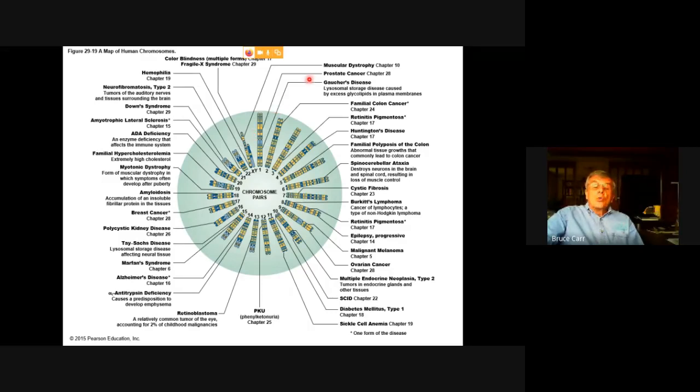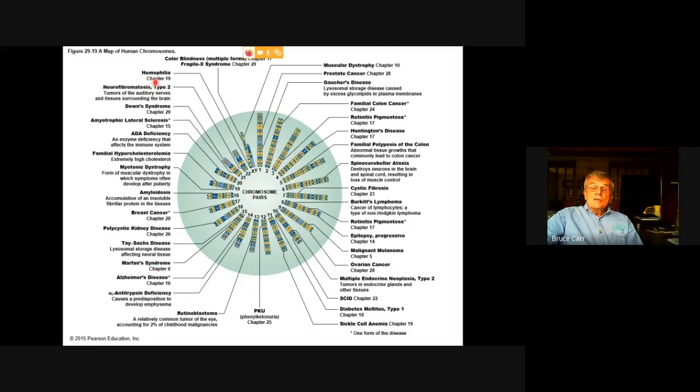Prostate cancer, one of the so-called oncogenes, would be located on the number 1 chromosome right here. And Gaucher's disease, which is a storage disease in lysosomes, caused by a problem in glycolipid production in the membranes, is located here. So if you are a person studying genetic diseases and their frequencies in society, the Human Genome Project makes this kind of mapping possible.